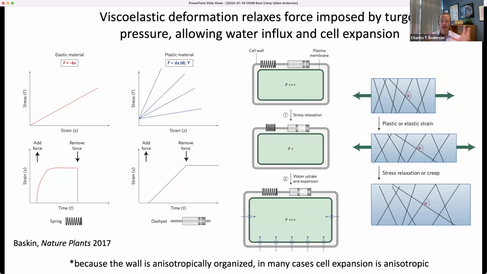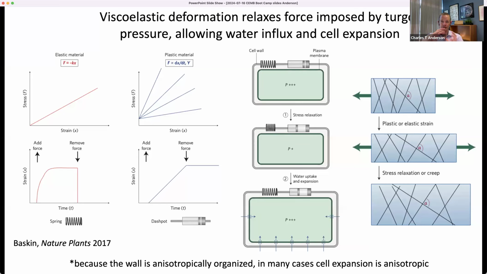So water uptake and expansion is thought to be part of this cycle of pressurization, stress relaxation, more water uptake, maybe due to additional ATPase activity. And that cycle continues to allow the plant cell to ultimately grow and expand. And plant cells are really good at expanding. In many cases, they can expand over 100-fold in volume as they're growing.